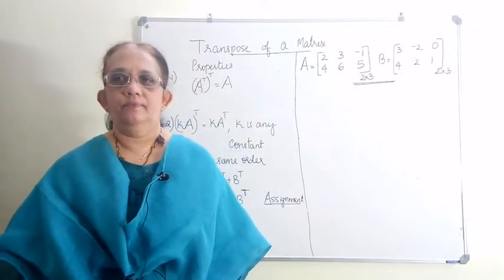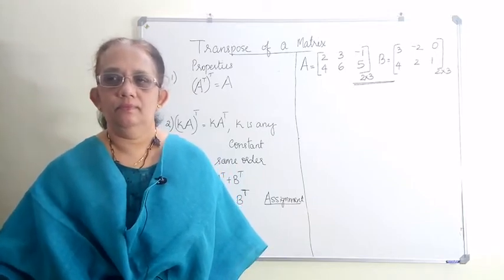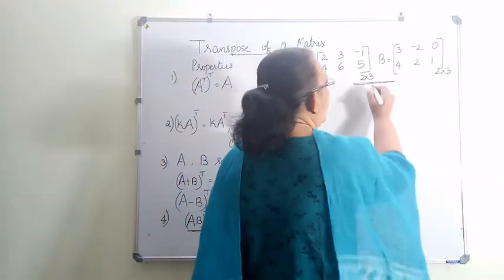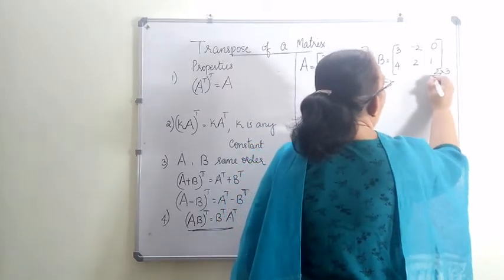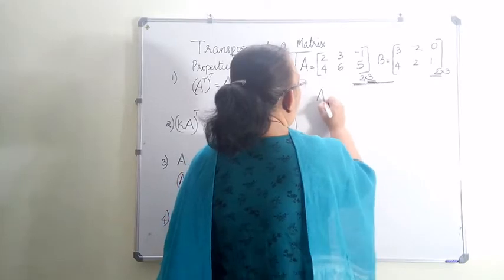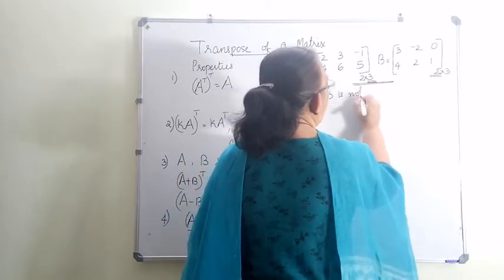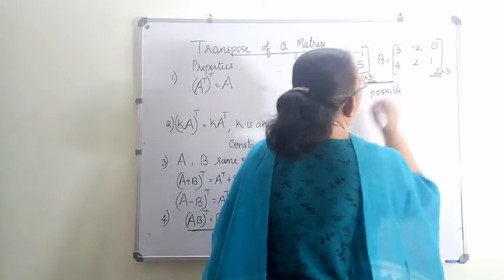What do you say? Can you find out A into B? Yes, very good. You cannot find A into B, because the number of columns of the first matrix should be equal to the number of rows of the second matrix. So here AB is not possible.